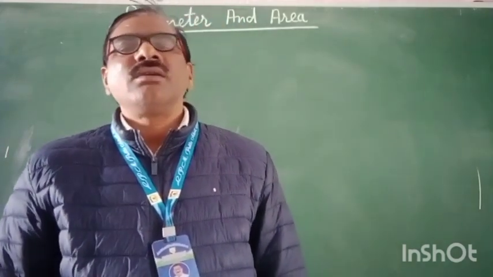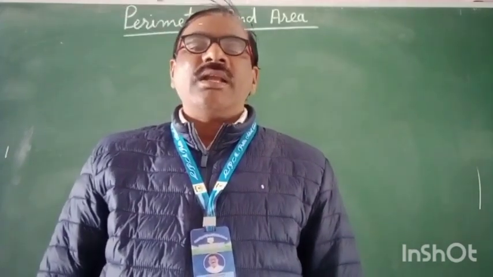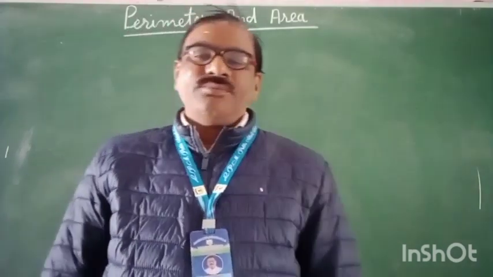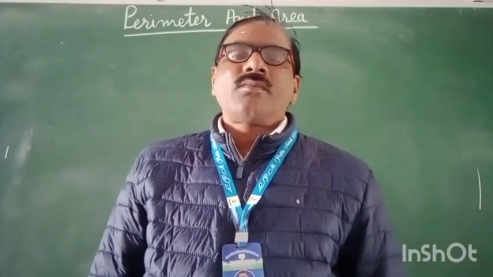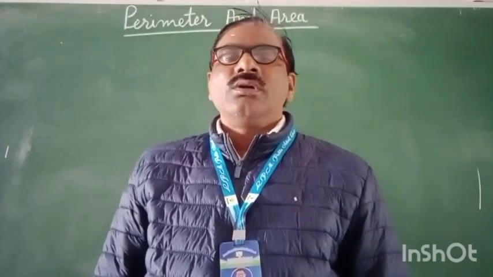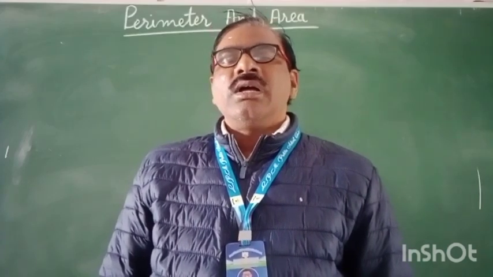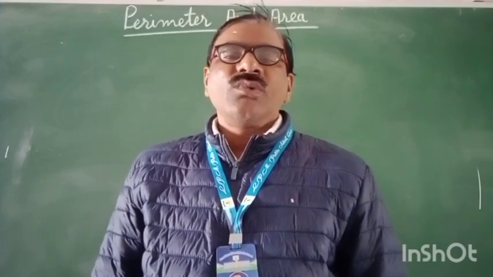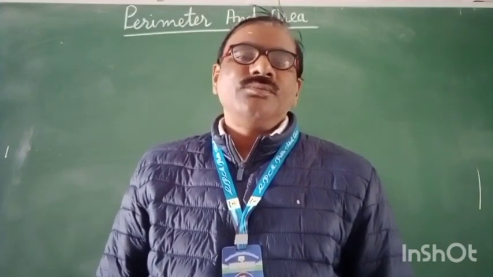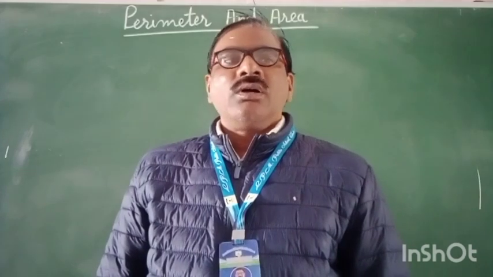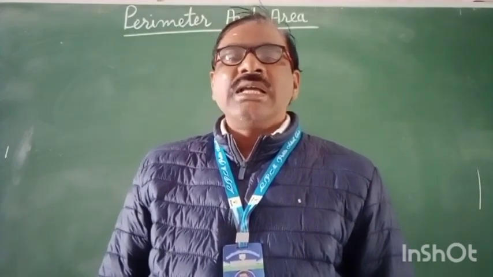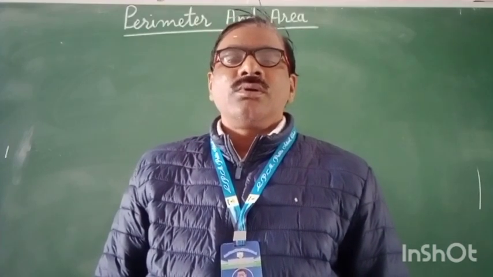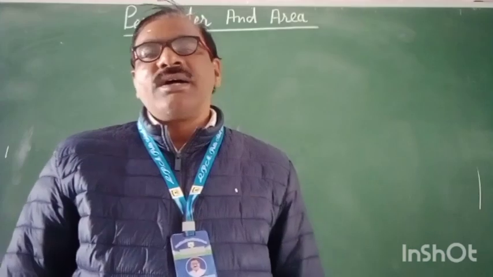Two dimensional means a shape in which there are length and breadth. 2D shapes are just like triangle, rectangle, square, trapezium, and other quadrilaterals, and any other type of shape in which length and breadth occur.